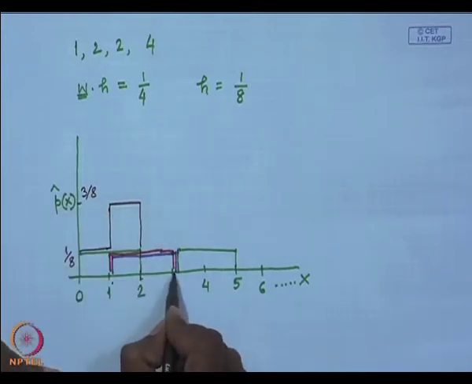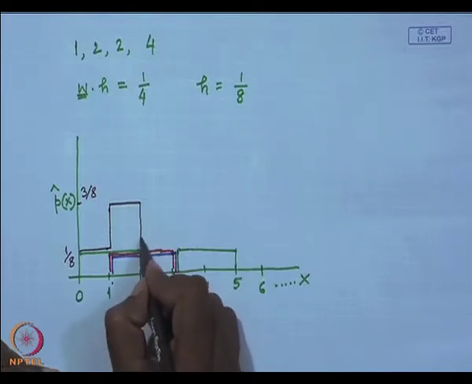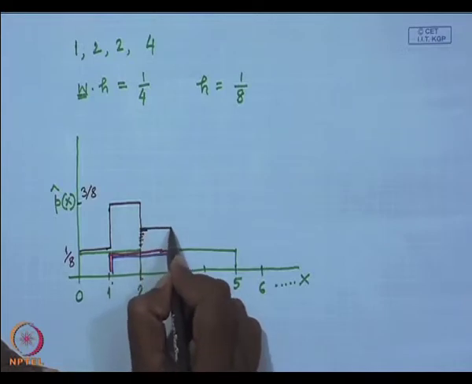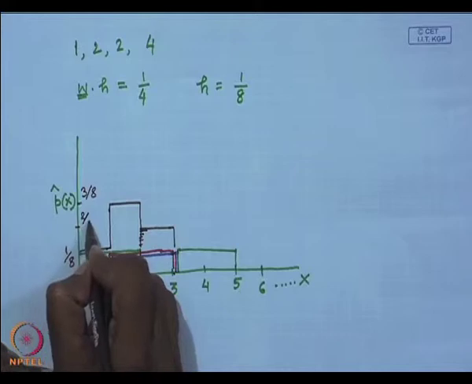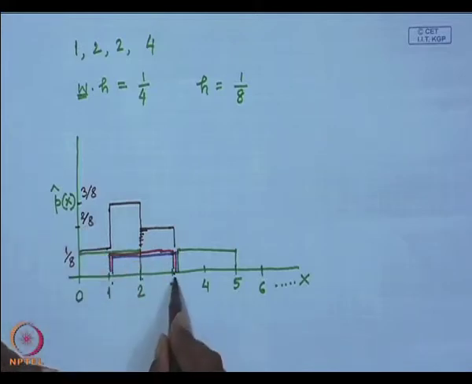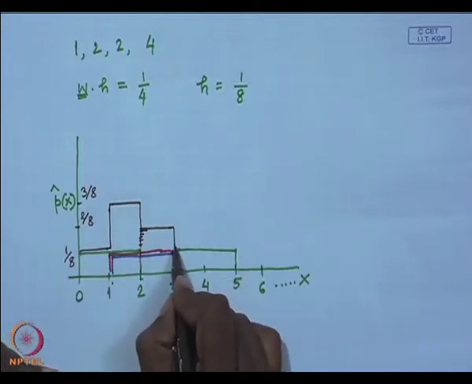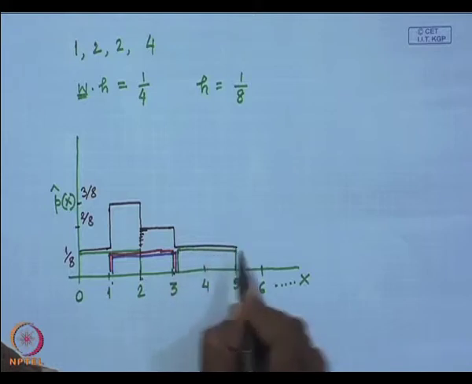From 2 to 3, I have 2 windows which are superimposed. So, here the height will be 2 by 8. And then from 3 to 5, I have a single window. So, height will be this.